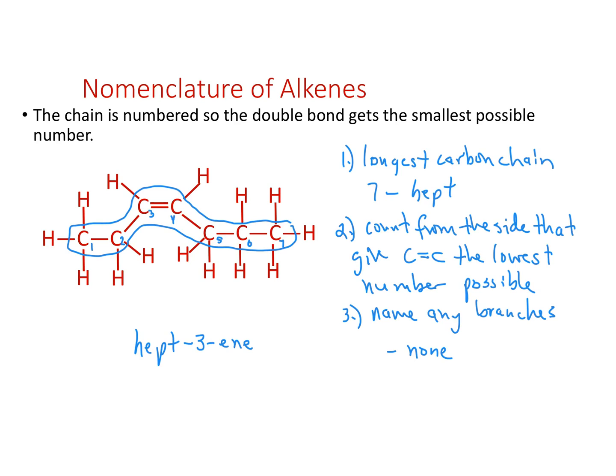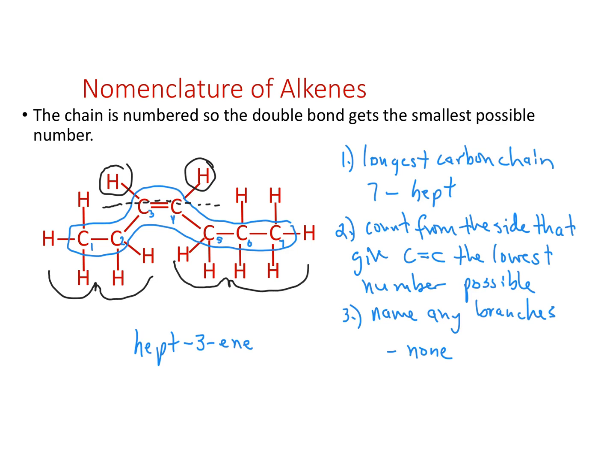3-ene. We can add a little bit more to that name because we know the arrangement around that carbon-carbon double bond. If we look at that carbon-carbon double bond, both of the hydrogens are on the same side of that carbon-carbon double bond, and both of the carbon branches are on the same side of that carbon-carbon double bond. So that is a cis relationship.